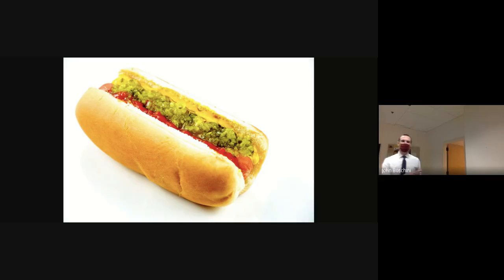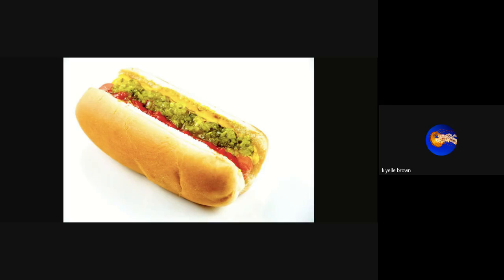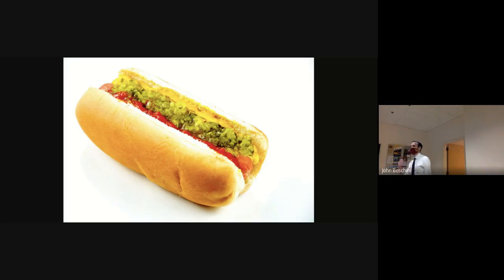And the age-old question that I have argued about with my friend who was in media law and ethics with me in 2009, and we've argued about it darn near ever since, is: is a hot dog a sandwich?